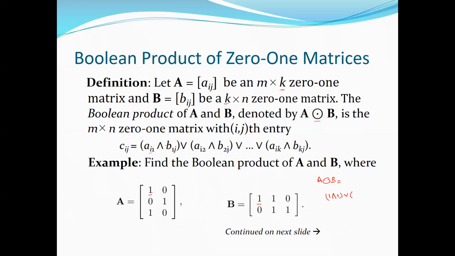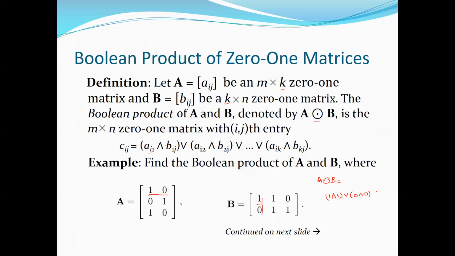Then 0 will be ANDed with this 0, right? So that is the first row, first column.